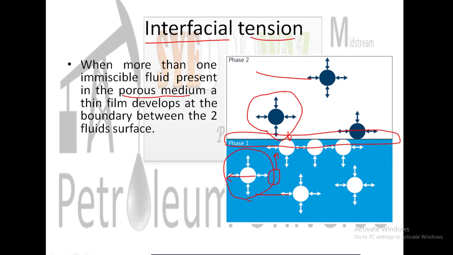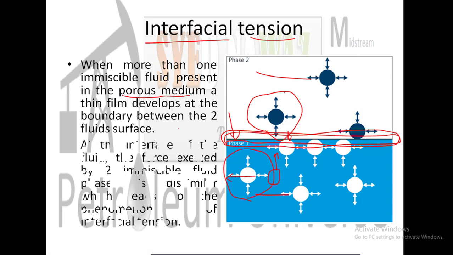So what I said is, the pressure between two immiscible fluids generates a thin layer over this point. As you can see, a black color line over here between these two phases. So that is considered to be your thin film, or you can consider this as due to interfacial tension.